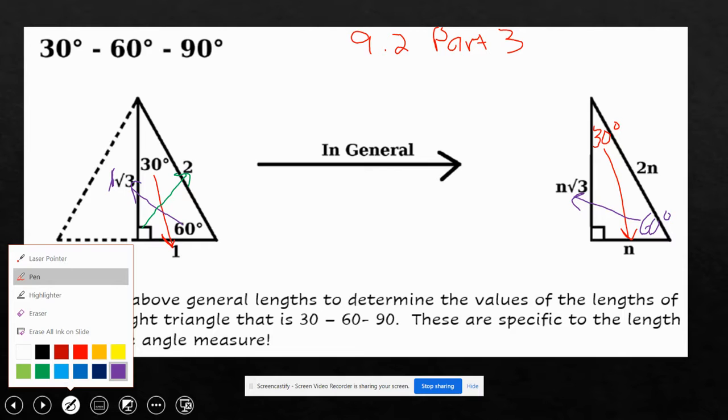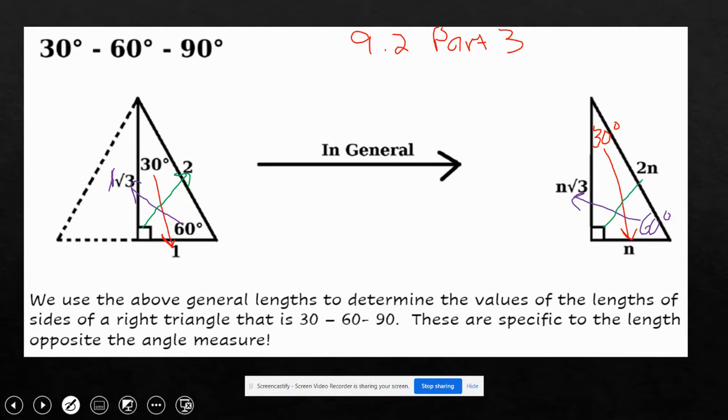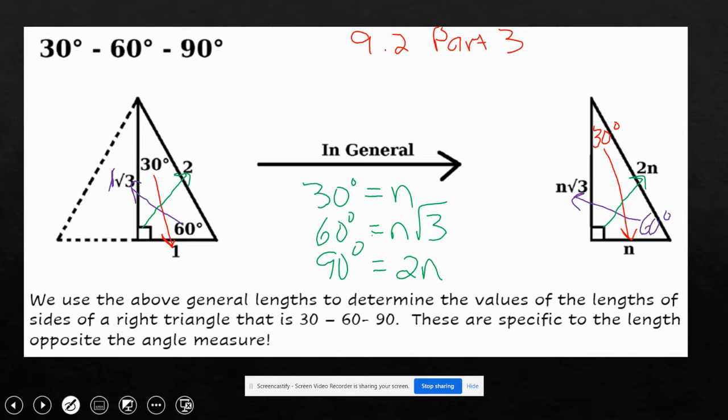And your hypotenuse is always going to be double that initial length, or 2n. So 30 degrees n, 60 degrees n square root 3, and 90 degrees 2n. Always the same, never going to change.